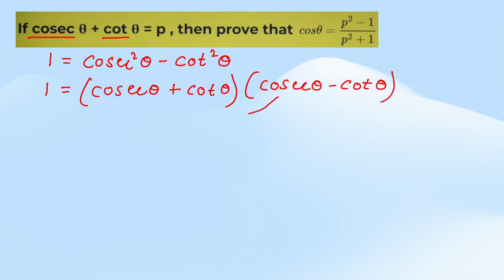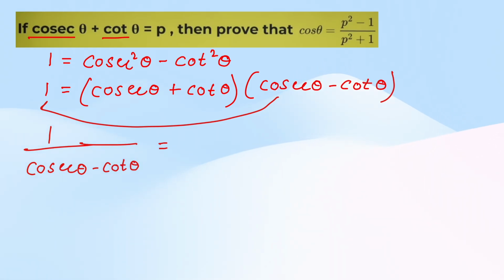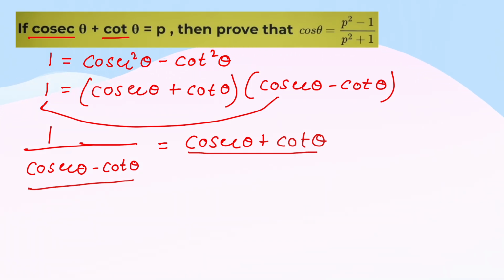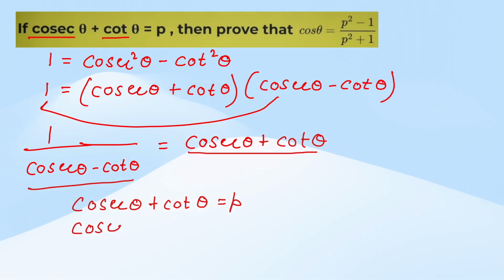If I shift it to the other side, it becomes 1 by cosec theta minus cot theta, which will be equal to cosec theta plus cot theta. Means they are reciprocals of each other. Cosec theta plus cot theta is the reciprocal of cosec theta minus cot theta. It means if cosec theta plus cot theta is p, then cosec theta minus cot theta will be 1 by p.